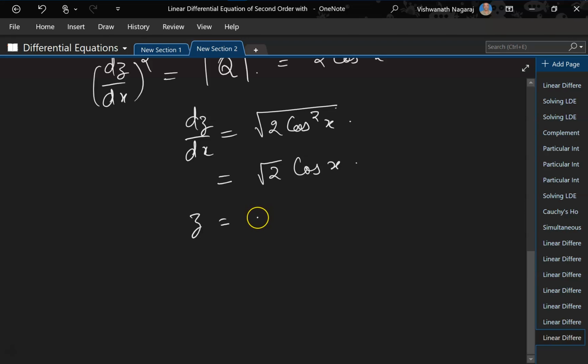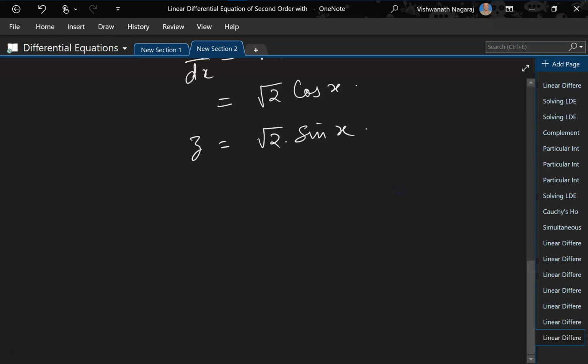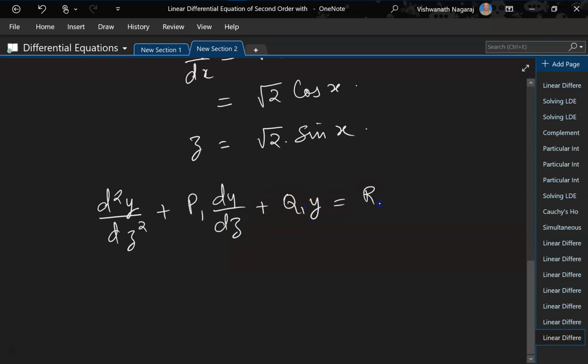So root 2, which is a constant, remains as it is. Integral of cos x is sin x. So our chosen independent variable z would be equal to root 2 sin x. So coming back to our equation, d²y/dz² plus p1 dy/dz plus q1 y is equal to r1.